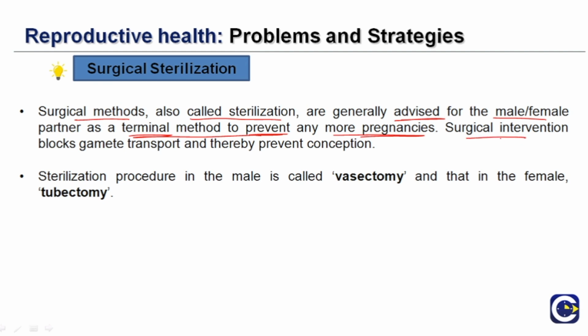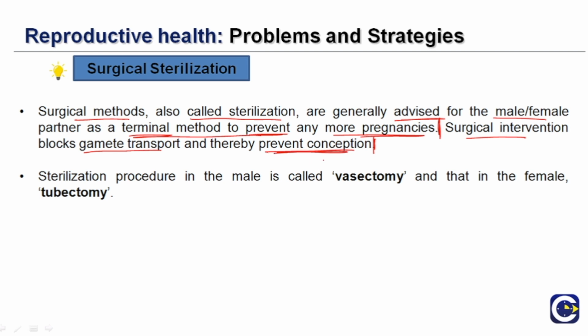These surgical interventions block gamete transport and thereby prevent conception. So this is the mechanism of action: they block the gamete transport, either sperm or the ovum, and thereby prevent conception.